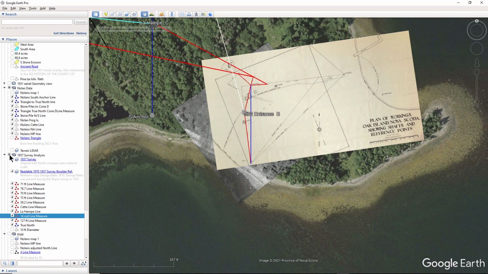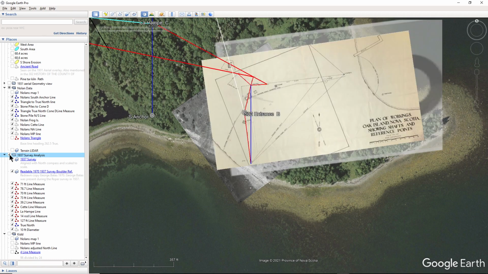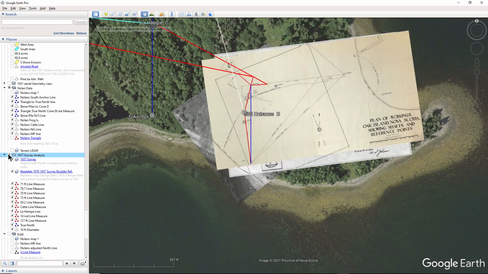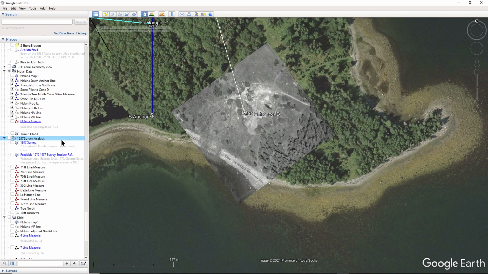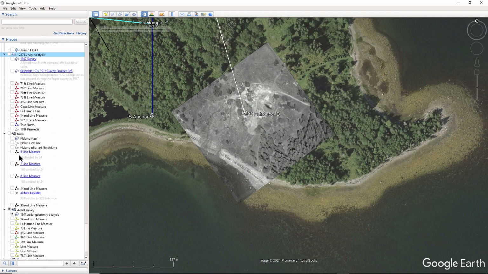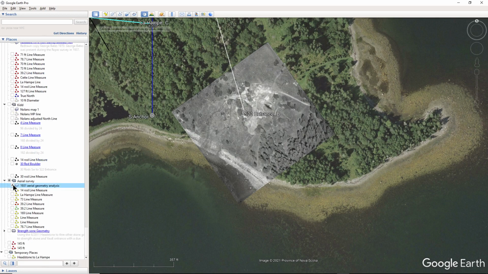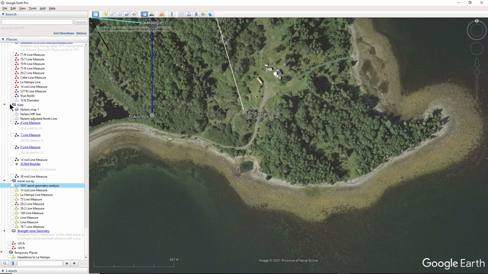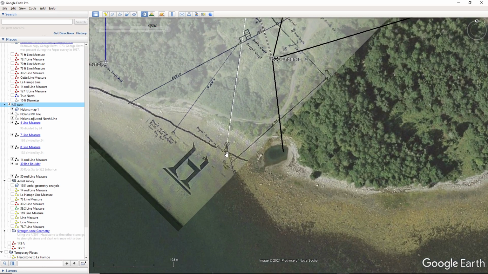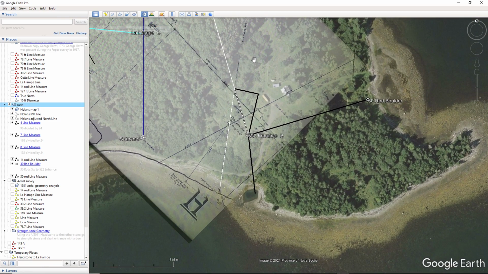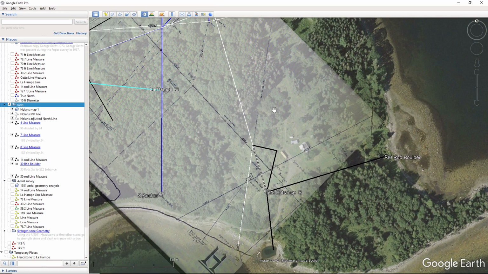So let me take this off. And let's see, where is that? So anyway, if you take this line here from Nolan's map, and it's called the adjusted, I think it's the adjusted north line.